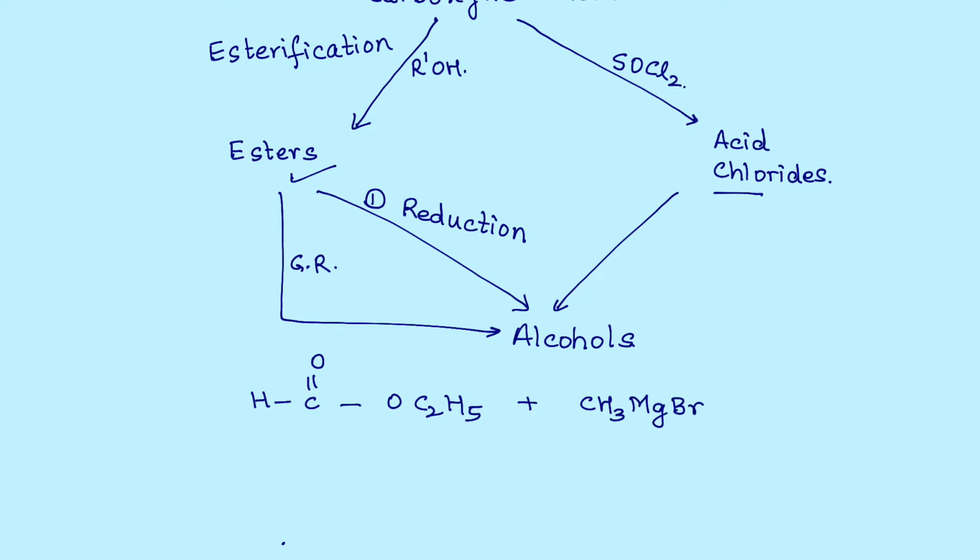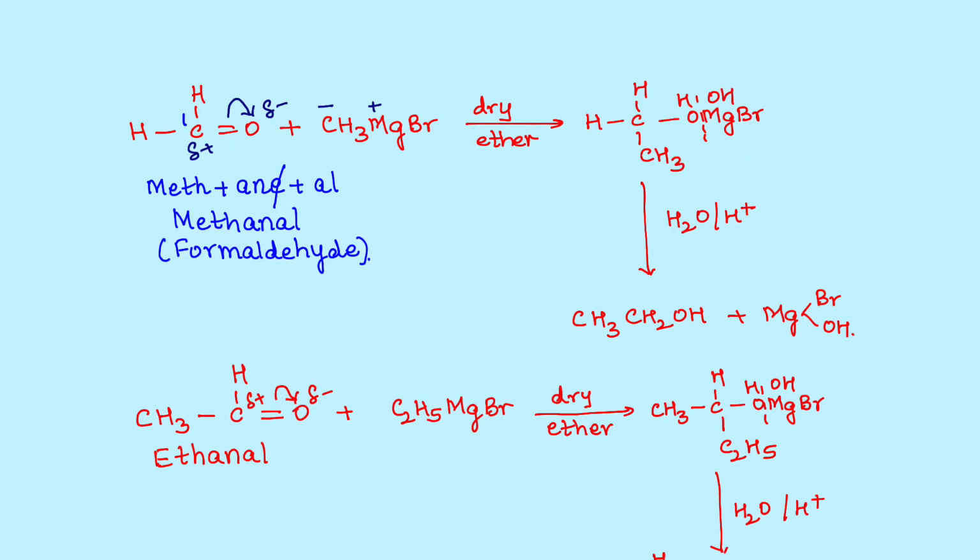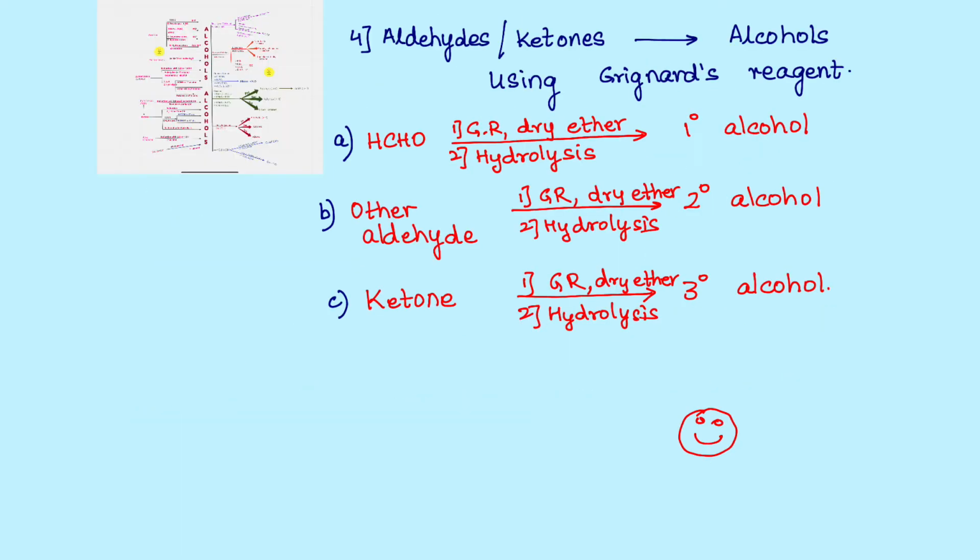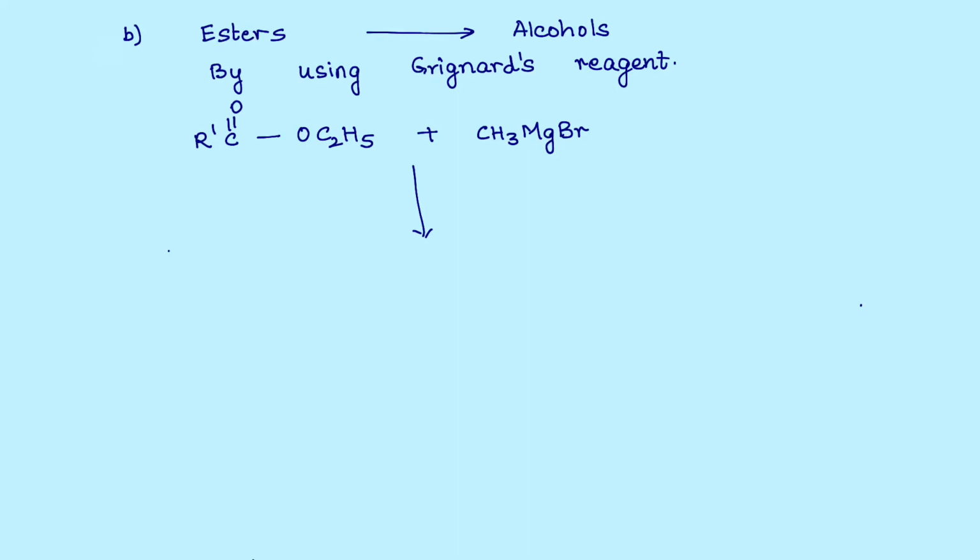Take the simplest one, because we ended the last video with this set of reactions, where we had reacted the aldehydes and the ketones with Grignard's reagent followed by hydrolysis. So why don't you give it a try yourself before I teach you that reaction? So let's go ahead, esters to alcohols using the Grignard's reagent, as we prefer to call it in a lot of the local dialects.